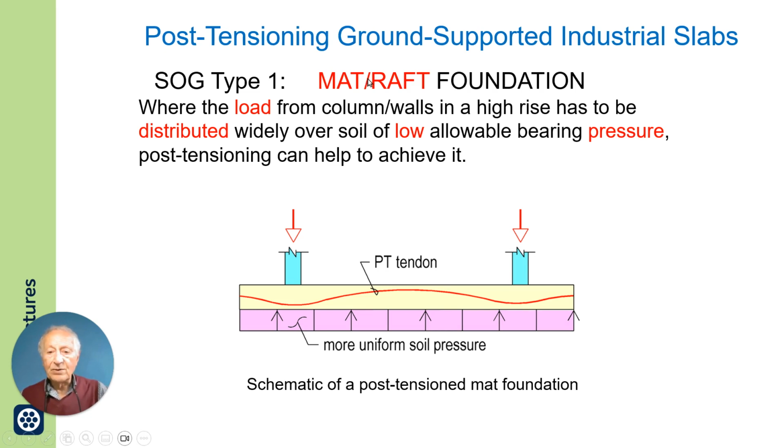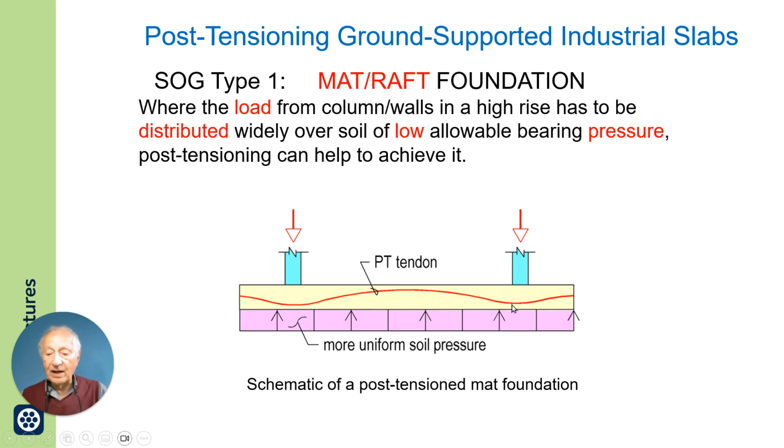The mat or raft foundation is where the load from column and walls in a high-rise has to be distributed widely over a large area of low allowable bearing pressure. In this case, post-tensioning can help. Look at the profile of the tendon.